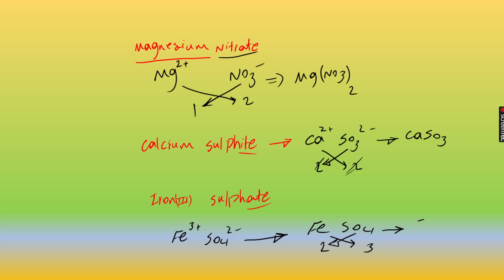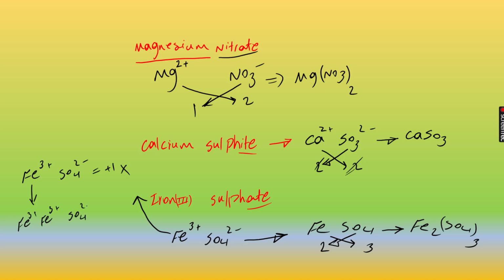So here it is Fe2(SO4)3. What is the meaning of this? If you put iron 3 and SO4 2 minus, it creates a positive 1, which is not neutral. To get a neutral compound, you have to bring 2 iron and 3 SO4.